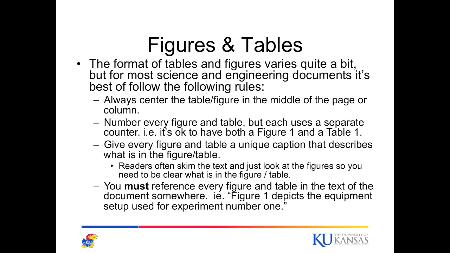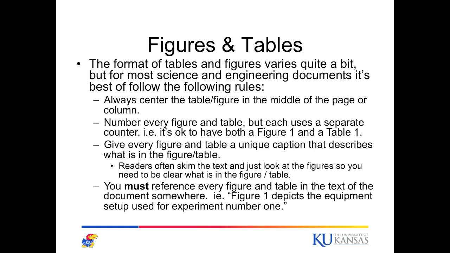That's really how you refer to a figure in the text. So if figure 1 is somewhere in the results section, in the results text somewhere, you will say, figure 1 plots some voltage against some time. Okay, and then give every figure and table a unique caption that describes what's in the figure or table. This really goes back to that skimmer who looks at just your figures and tables.